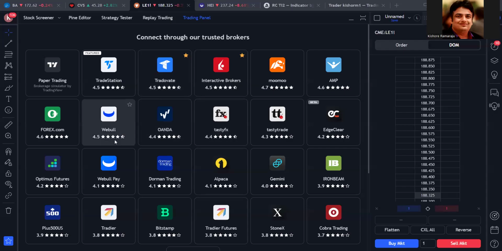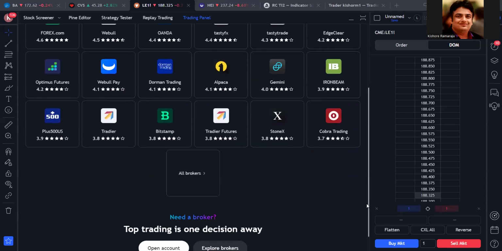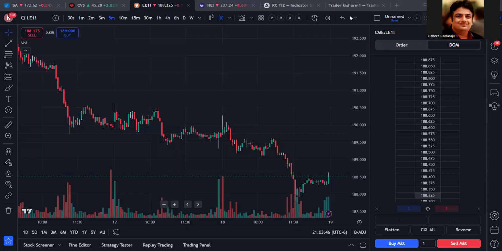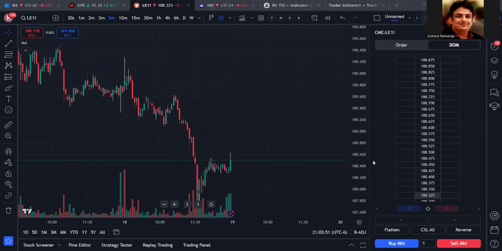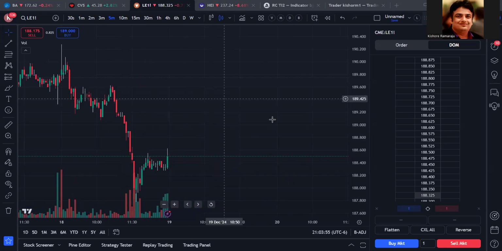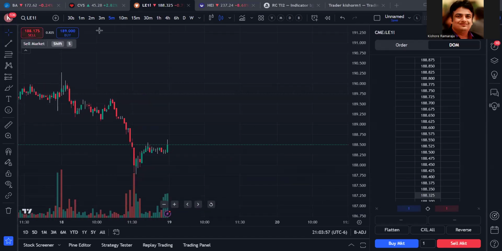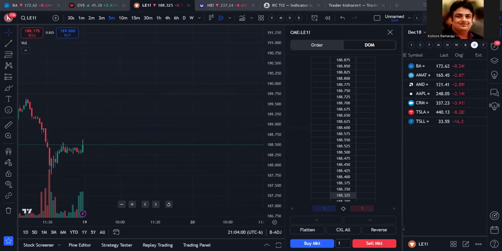Thinkorswim is not here, but if you have Webull, TradeStation, TradeAway, IBKR, Moomoo, Tasty Trade, Tasty FX, these you can directly connect and take trades here. You don't need to see here and then go to your brokerage and do the trades. Directly you can watch and click on buy and sell buttons.